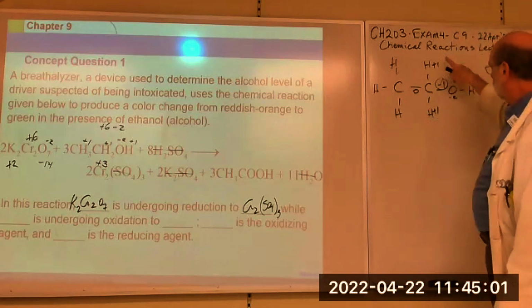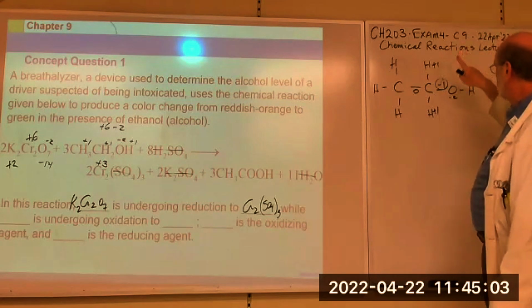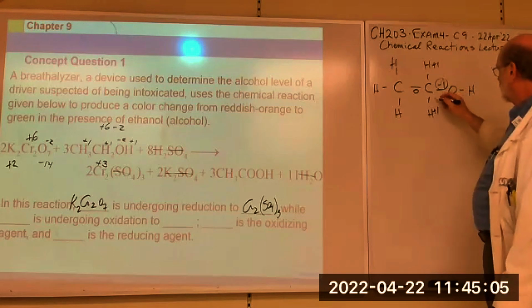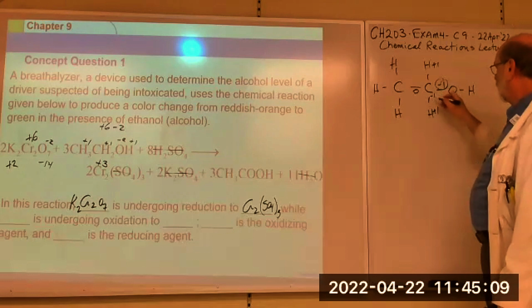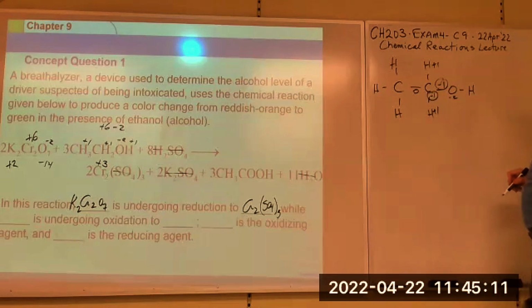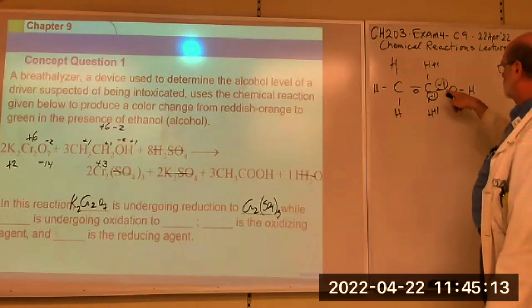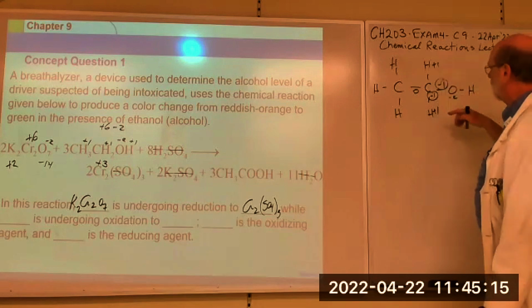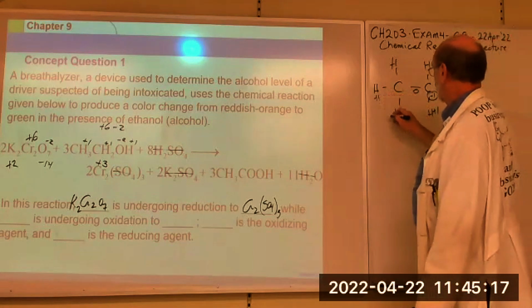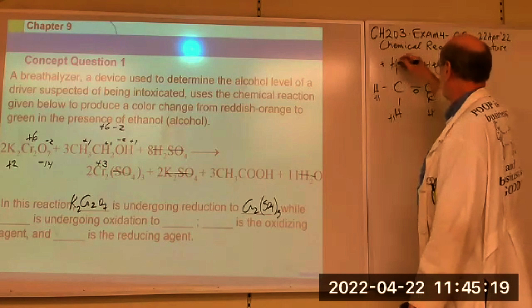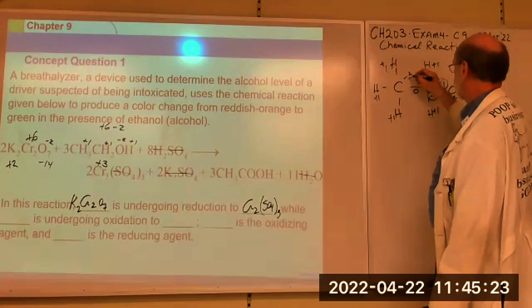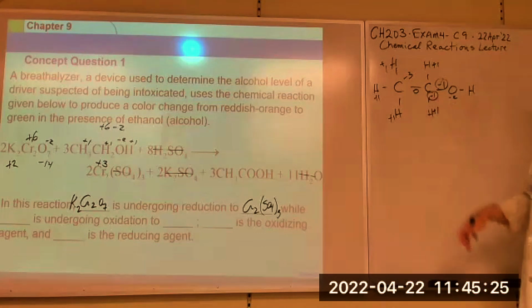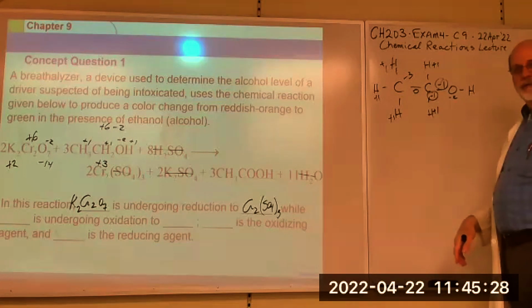So we're saying that +1, +2, -1, that means this carbon has to be a -1. And this one is +1, +1, +1, and 0. So this carbon has to be a -3.